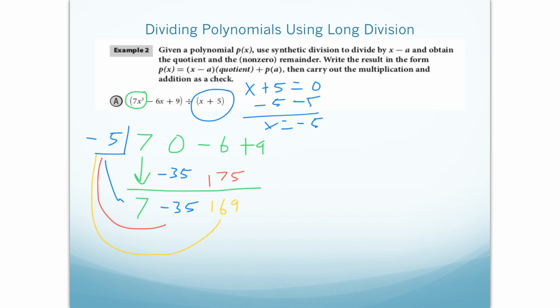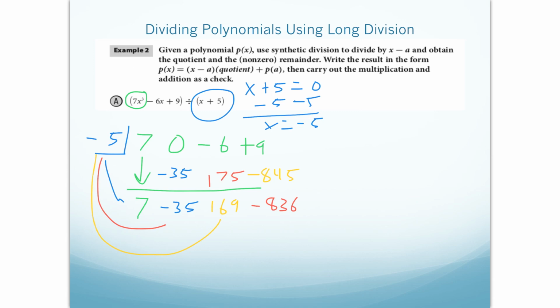And negative 5 times 169, negative 845. Negative 845 plus 9 is negative 836. So now we are done.